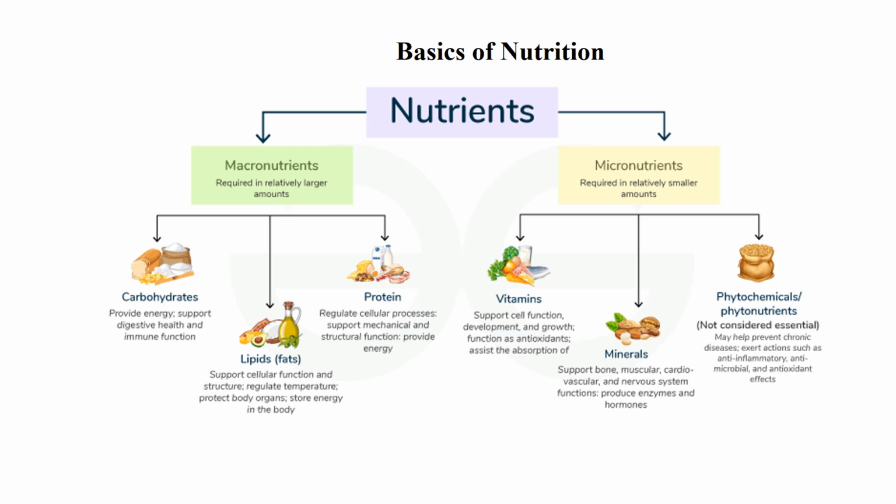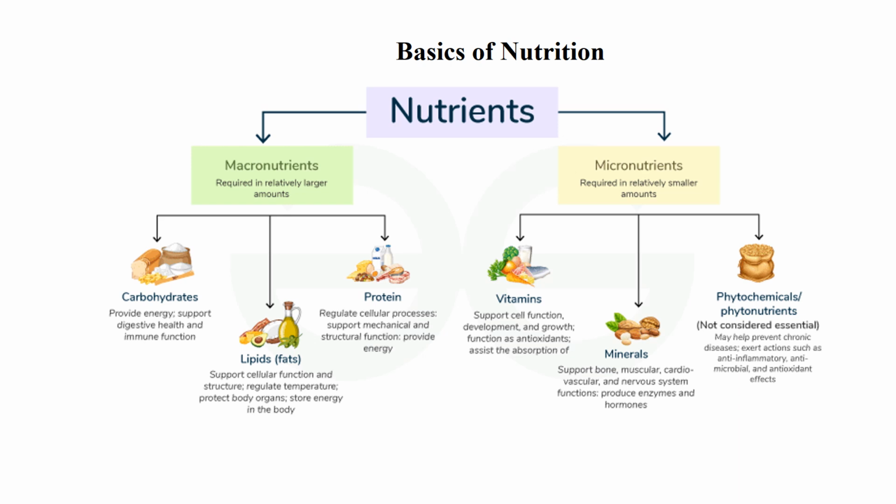So nutrients are classified into two types, depending upon the function. One is macronutrient and another one is micronutrient. Macronutrients are the nutrients which are required by our body in large amounts, in grams. Micronutrients are the nutrients required in smaller amounts, like milligrams.